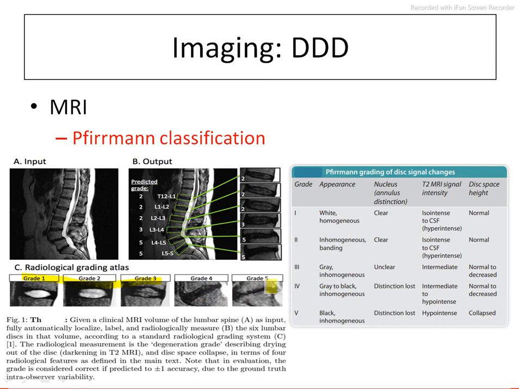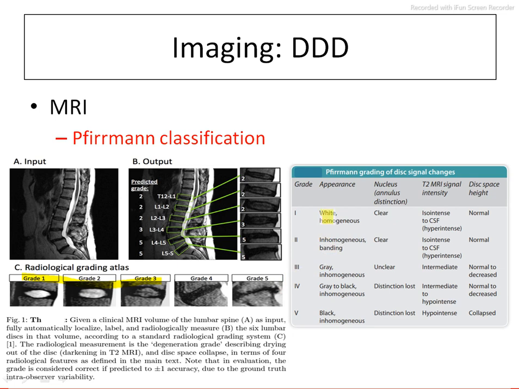In grade 5, the height has been completely collapsed. It is indistinguishable, inhomogeneous, and black. So from clear to gradually unclear, homogeneous to gradually unclear, the height decreases in grade 4 and completely collapses in grade 5. So these are the properties you need to know.